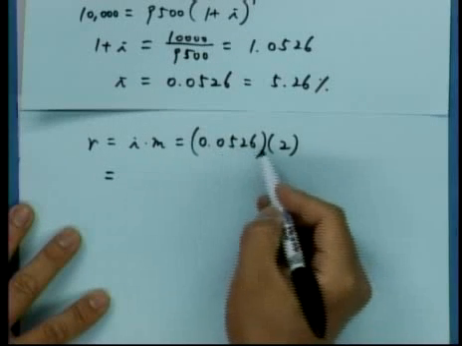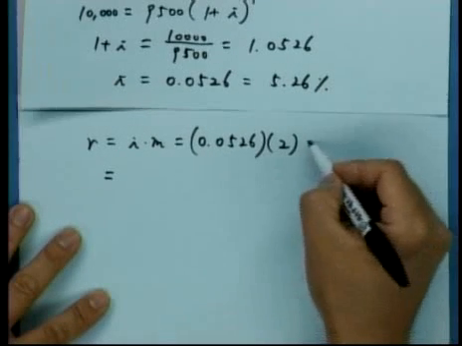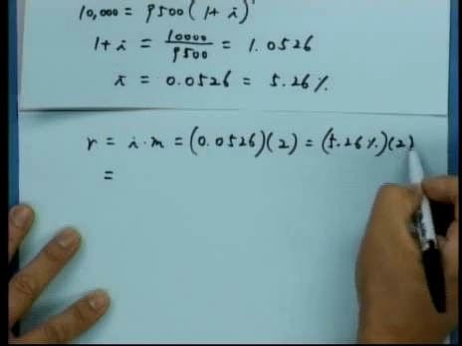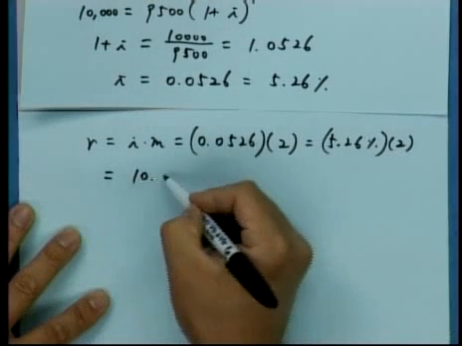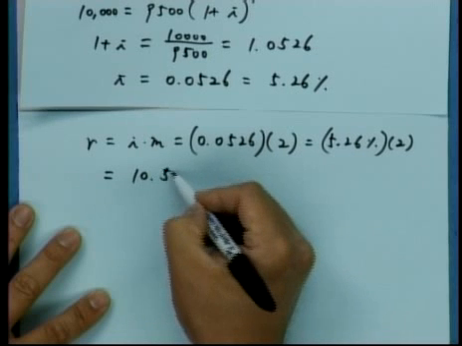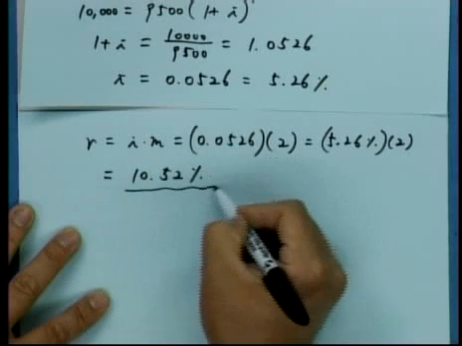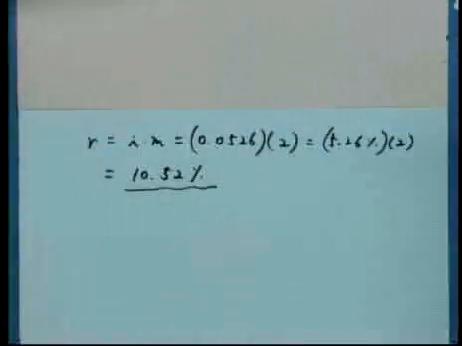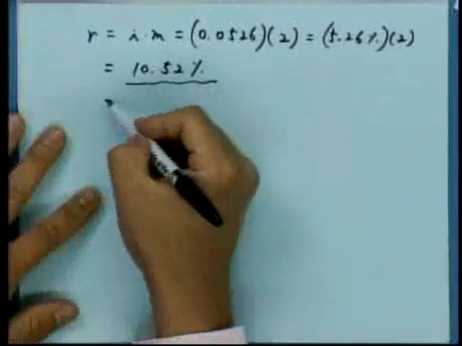So that's going to be 5.26% times 2, 10.52%. Okay. So this is the nominal annual interest rate.